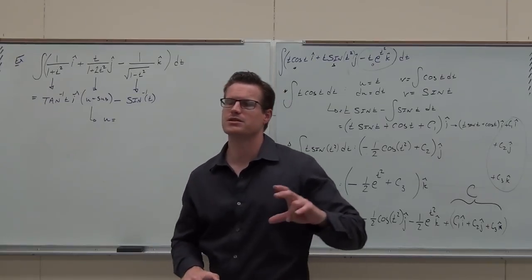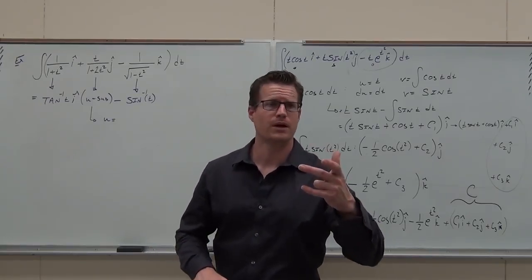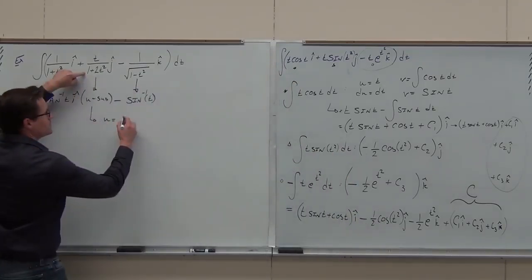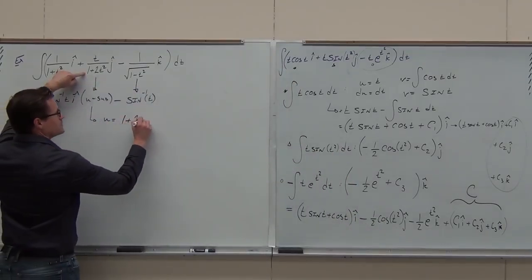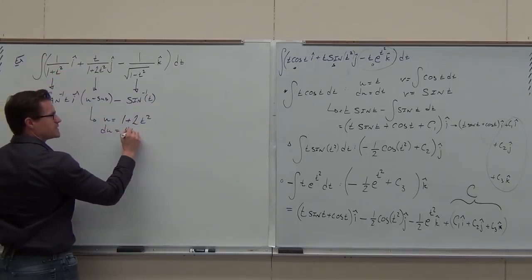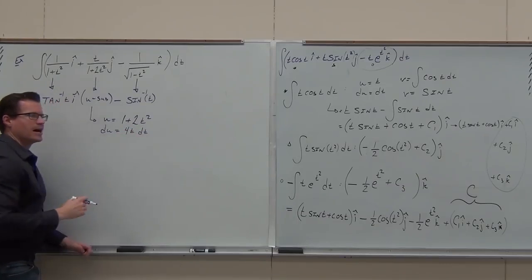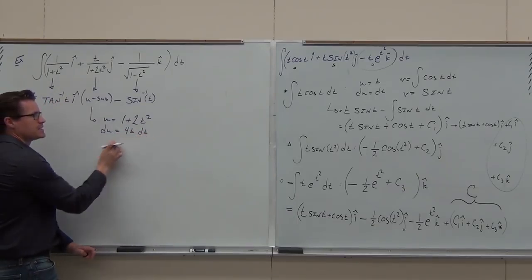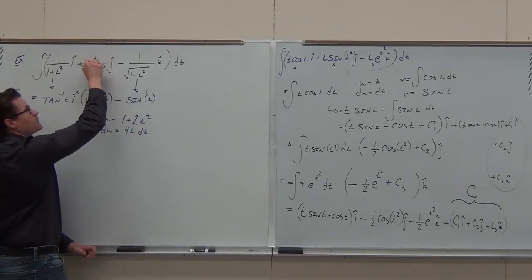The u sub is the reverse of the chain rule, so it's a composition idea. Pick as much as possible. So our u would be 1 plus 2t squared. du equals 4t dt. I have done this two different ways. A lot of times what I'll do is solve for the dt, divide by 4t. Or you can solve for the t dt part of it, so du over 4.